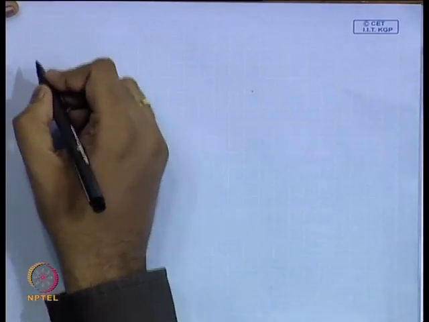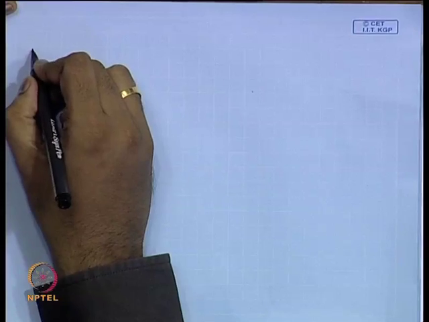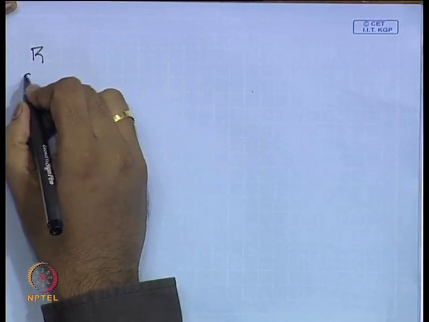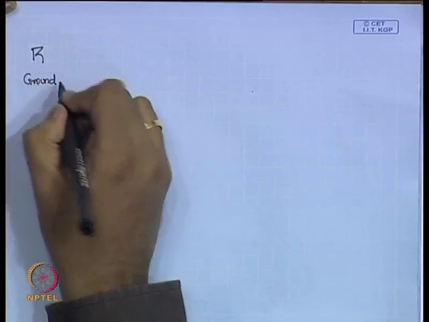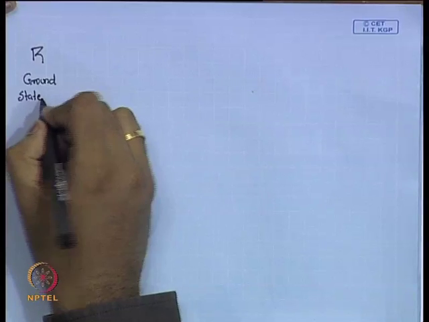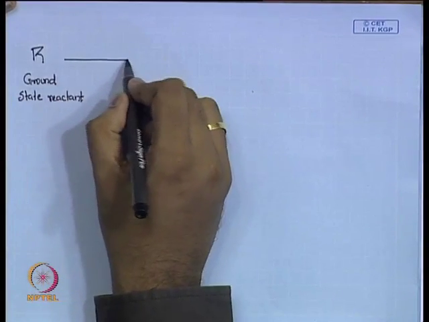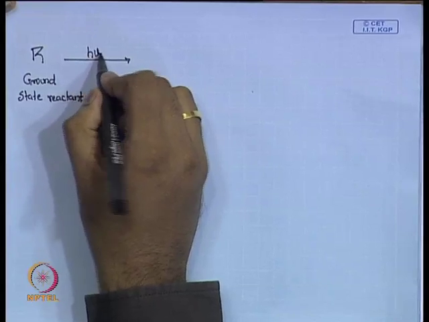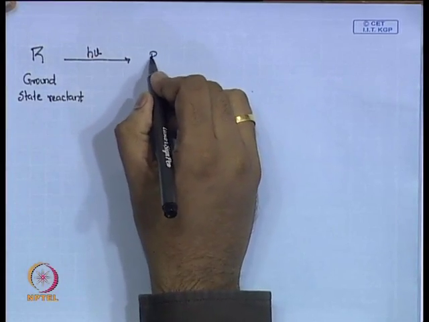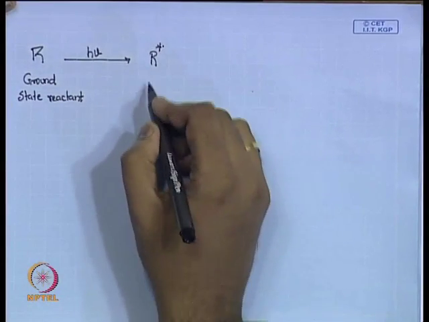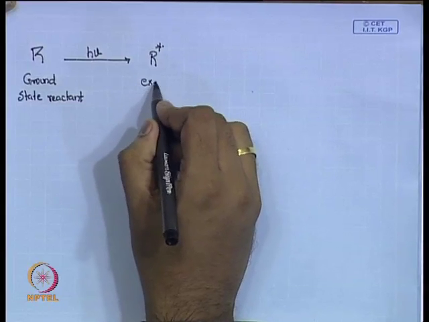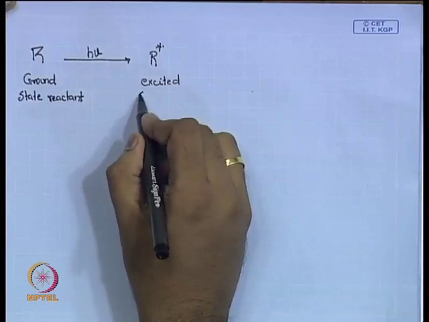If you see in our previous class, we discussed that you have an R, which is your ground state reactant, which interacts with light, which is your reagent, and gets excited. We call this an excited state reactant.